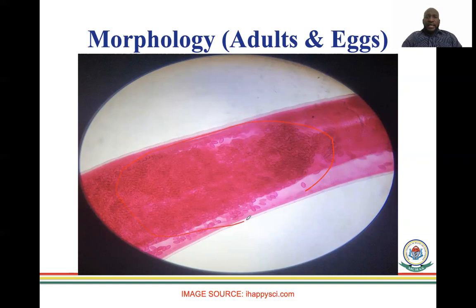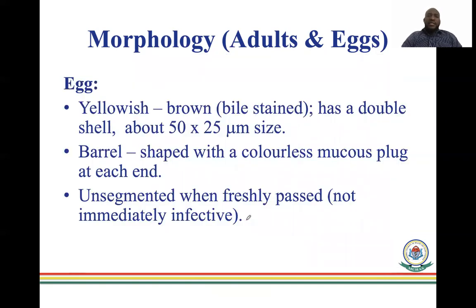The eggs are yellowish-brown, bile-stained, with a size of 50 by 25 micrometers, and they're barrel-shaped. They are very typical, because you cannot miss the eggs of Trichuris once you've seen them. They have colorless mucus plugs at both ends, and they are unsegmented when freshly passed in stool. They are usually not immediately infective when passed in stool.